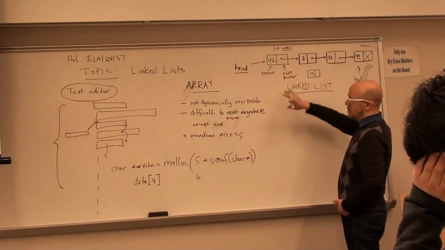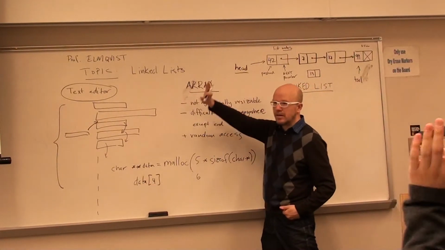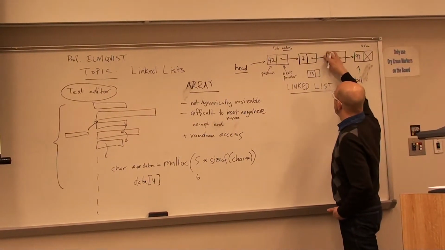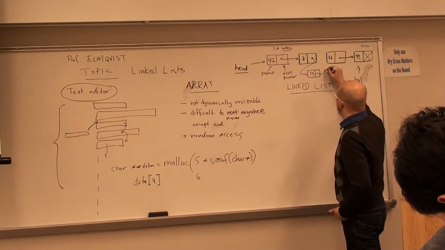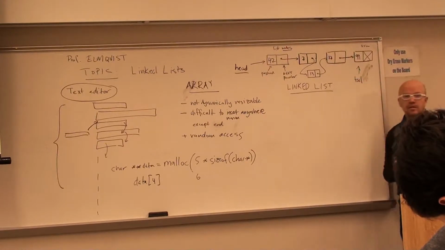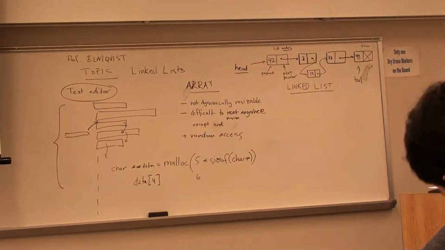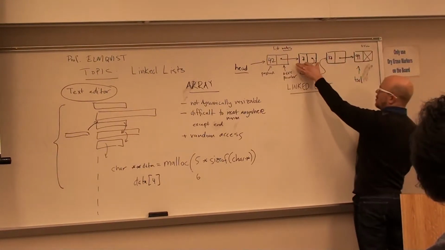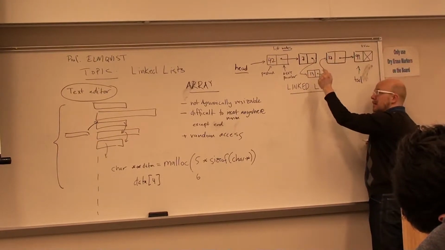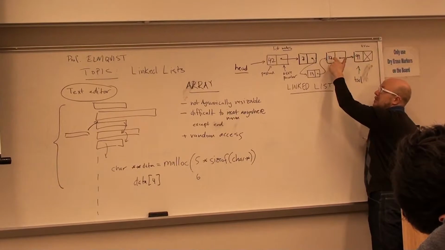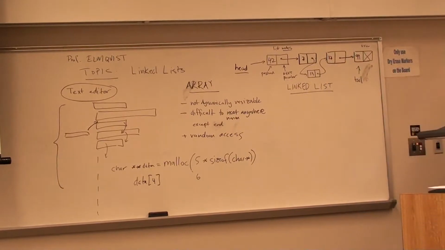Instead of reallocating and copying and all that business, I just re-point the pointers to include that. The element I'm inserting after, its next pointer will now point to the element I'm inserting. The element I'm inserting will point to what used to be after the element, in other words, the element I'm inserting before.